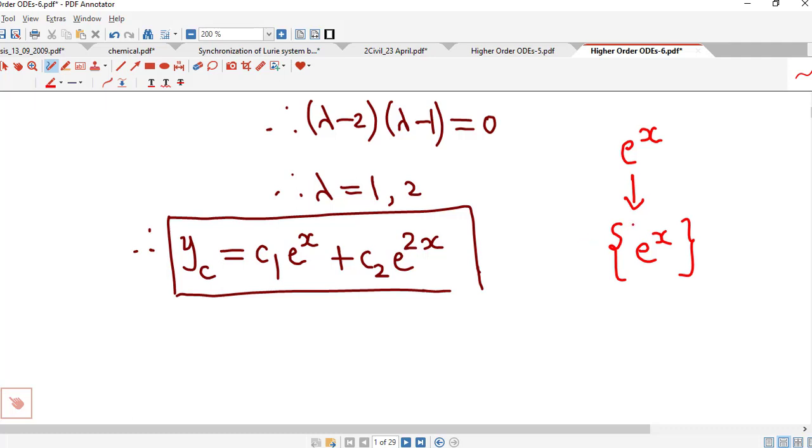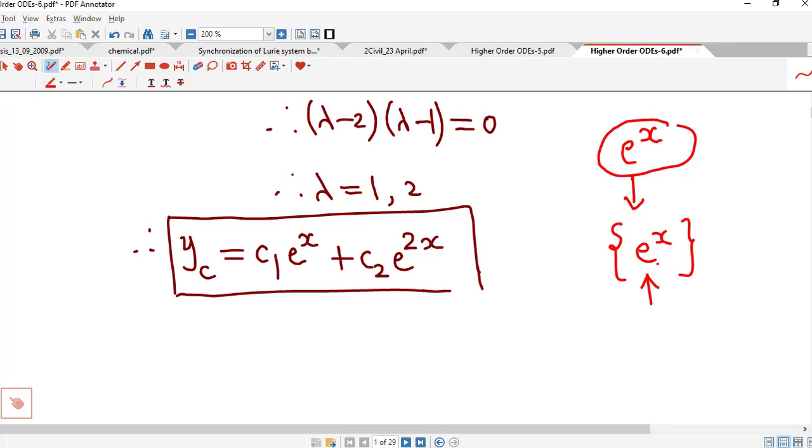Now whenever you want to find the particular solution using the method of undetermined coefficients, first we find the family of derivatives corresponding to the right hand side of the given non-homogeneous equation. Then we must check whether any member of this family is present in the complementary function or not.